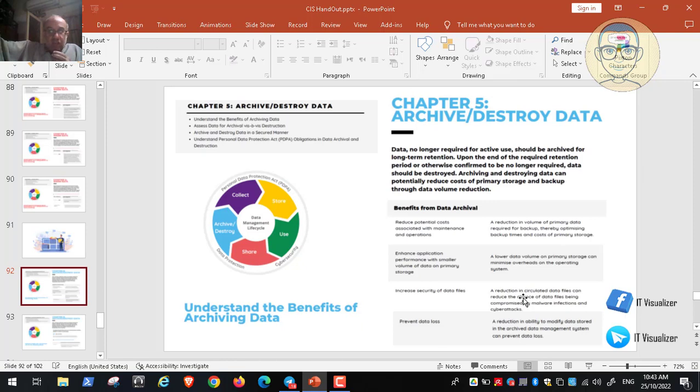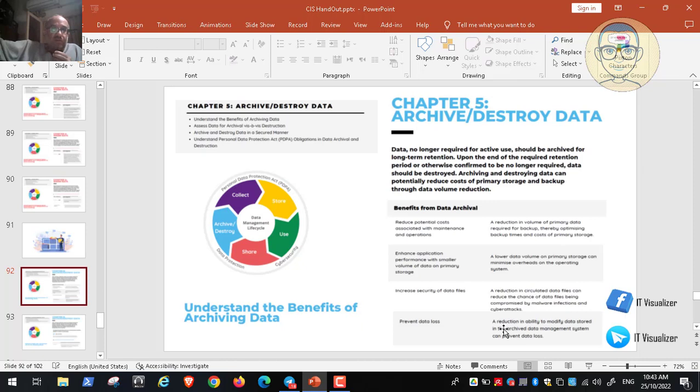He's saying that a reduction in circulated data can reduce the chance of data files being compromised by malware, infections, and cyber attacks. This is a very logical thing. Prevent data loss: a reduction in the ability to modify data stored in the archive data management system can prevent data loss. So he's suggesting that when you archive data, the archived data can no longer be modified.